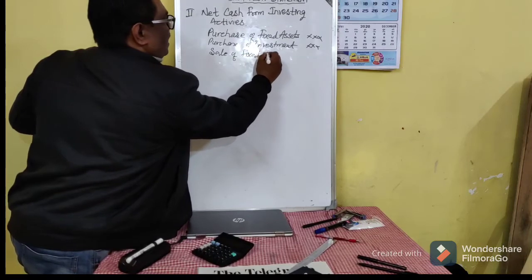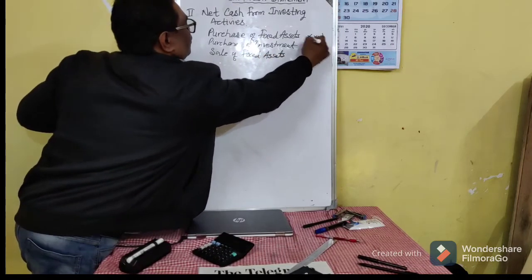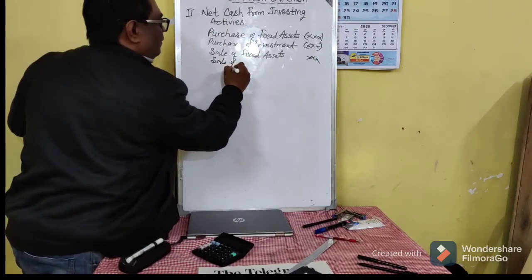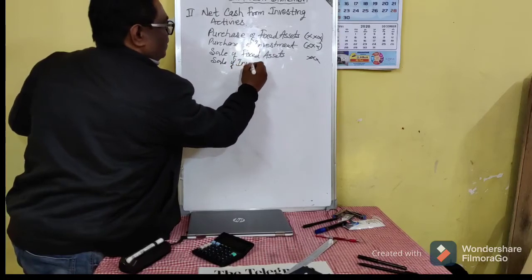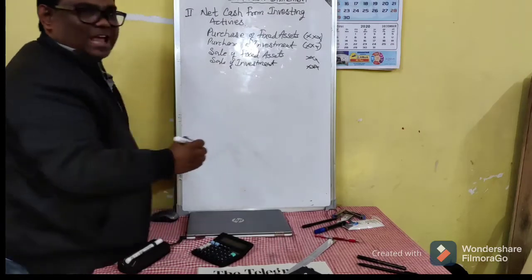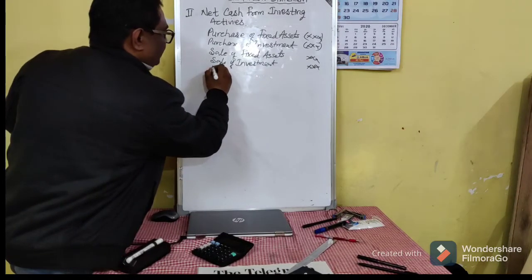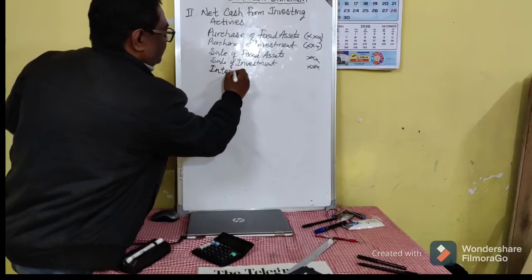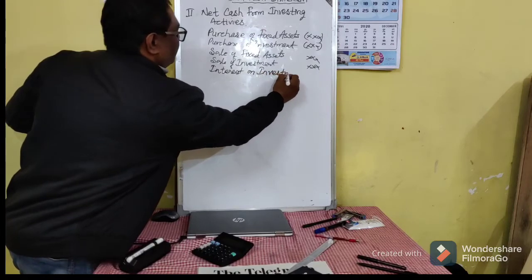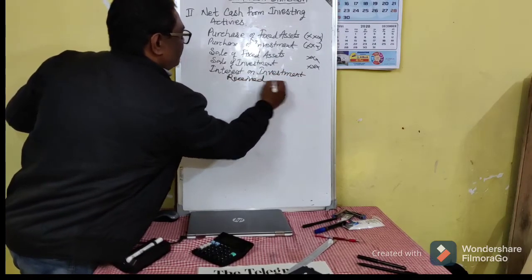If assets are sold, this is inflow of cash, so it is to be added, and purchase will be subtracted. Sale of fixed asset. Similarly, sale of investment. This is inflow of cash. Similarly, interest received, the interest on investment received, to be added here.